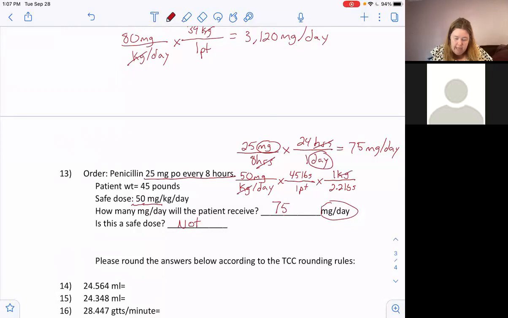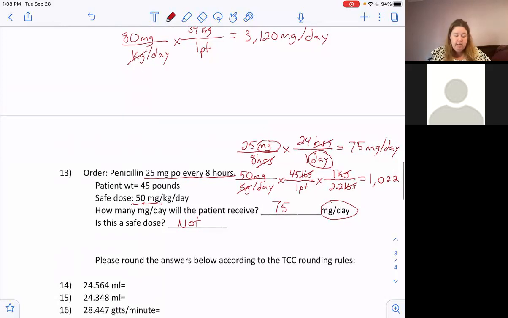So pounds cancel out, and we're left with milligrams per day. So 50 times 45 divided by 2.2 equals 1,022 milligrams per day is the safe dose. So it's actually way under. So it's still not safe because it is subtherapeutic, because it needs to be 1,000 milligrams a day, basically.